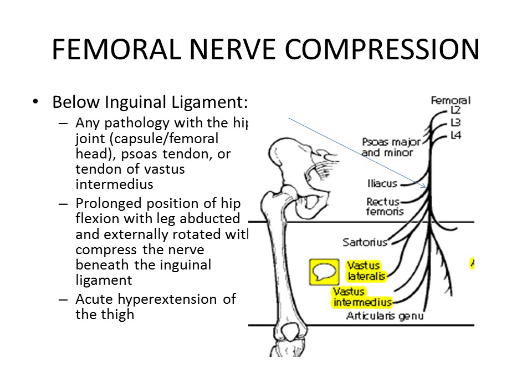Also below the inguinal ligament, any position that involves prolonged hip flexion, especially with hip abduction and external rotation, can compress the femoral nerve beneath the inguinal ligament. Any position that involves acute hyperextension of the thigh can as well, and you may recall by physical exam there's even an examination maneuver that involves hyperextension of the thigh.